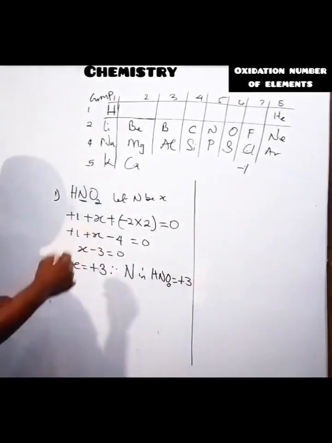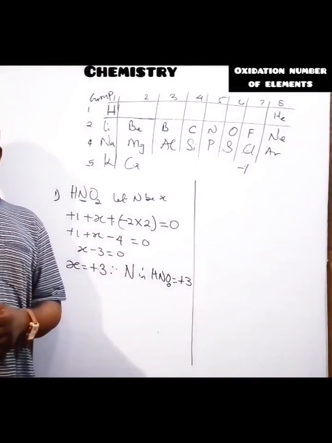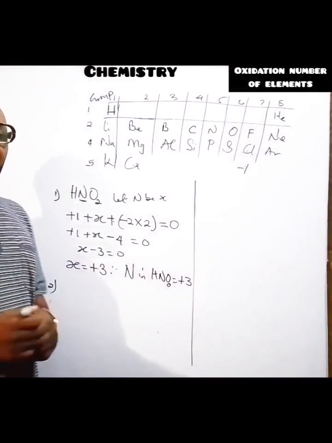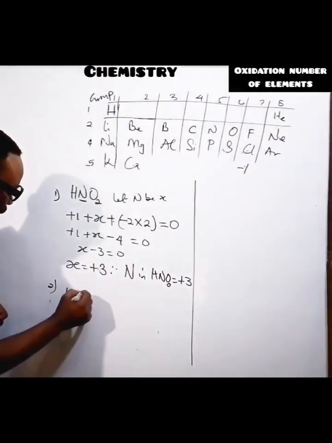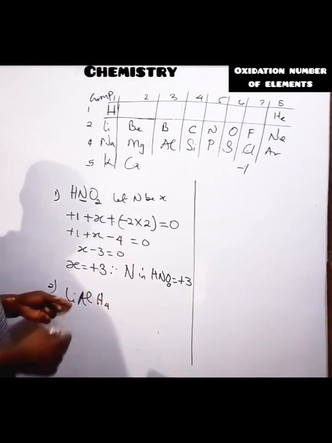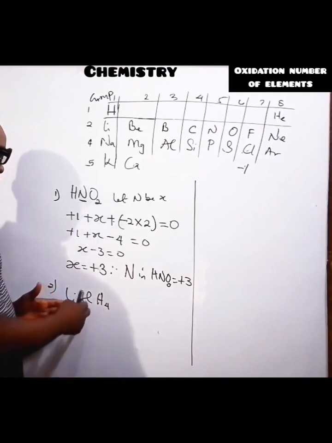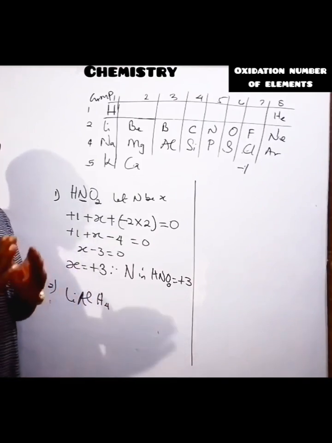Now, the second question says that we should find the oxidation number of aluminium in LiAlH4. In this case, you have to consider two facts.